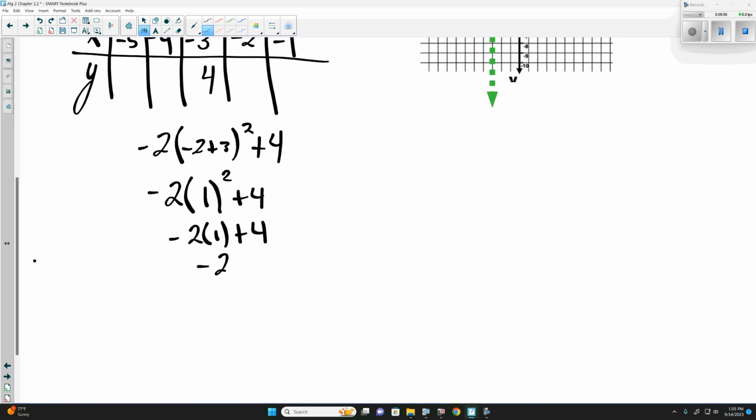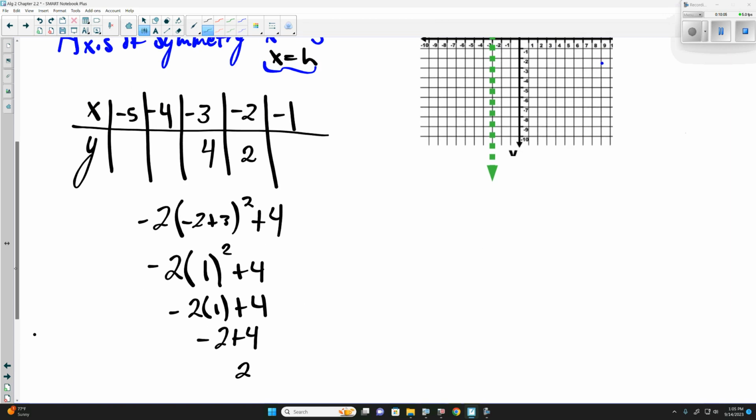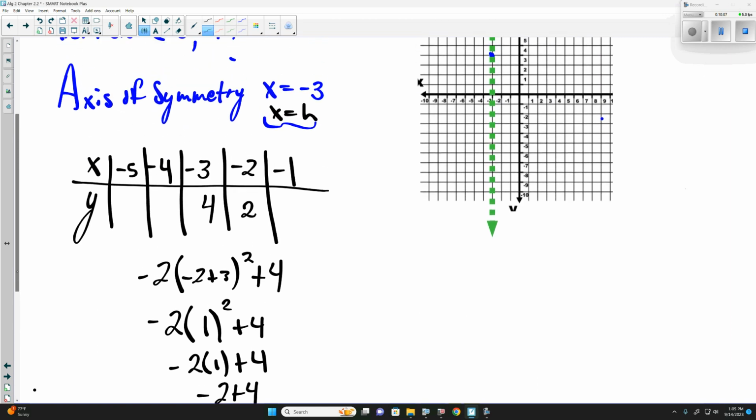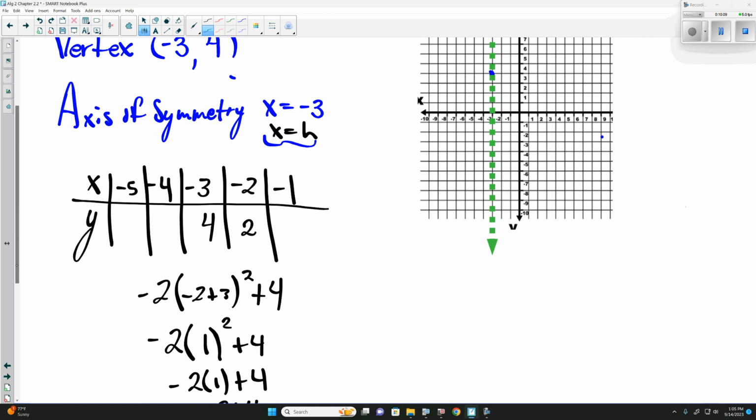Negative 2 times 1 is negative 2. And negative 2 plus 4 is 2. So what that tells us is that the next point on this parabola is the point negative 2, 2.